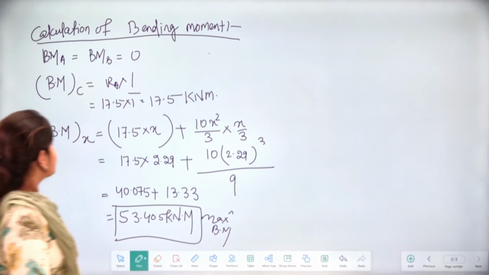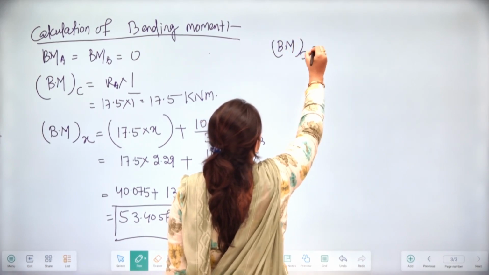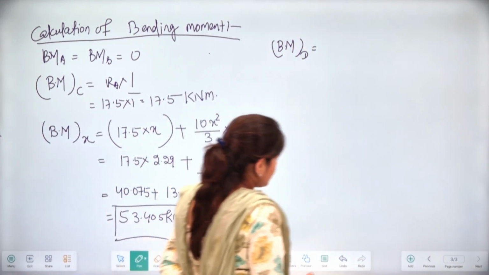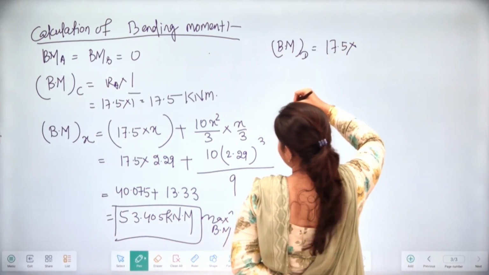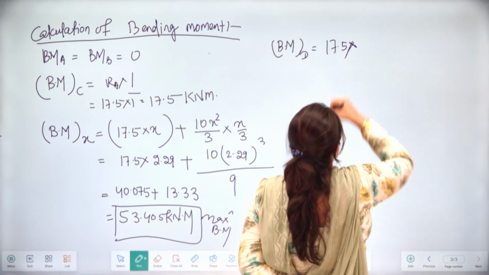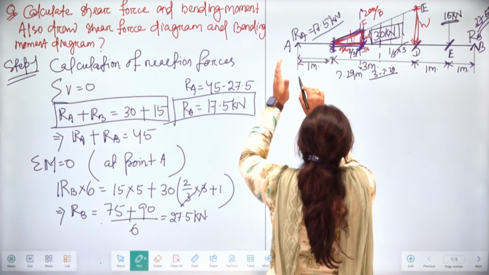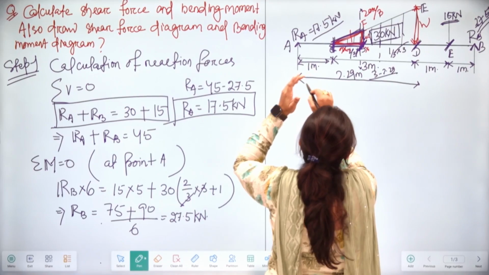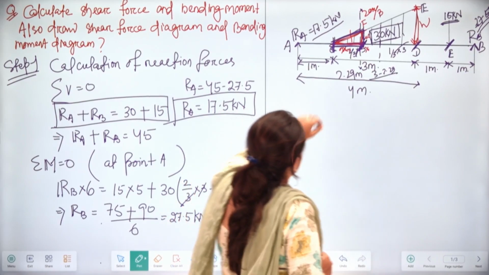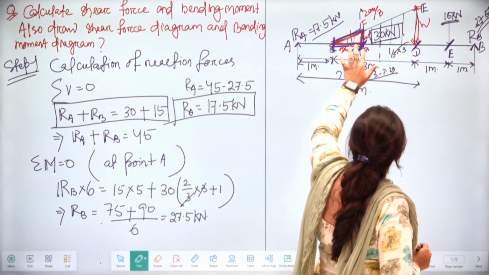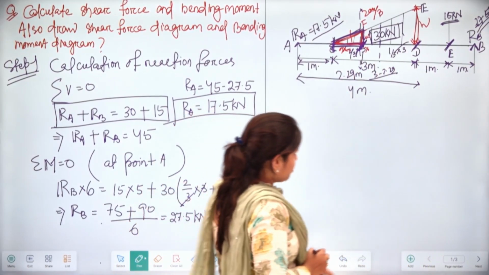Okay. Next is bending moment at D. So bending moment at D will be 17.5 multiplied with what? Multiplied with the distance, that is, here you can see this will be multiplied with the whole distance, that is 3 plus 1, that is 4 meter, and minus the load multiplied with this much distance, that is 3 meter minus 2.29 meter.